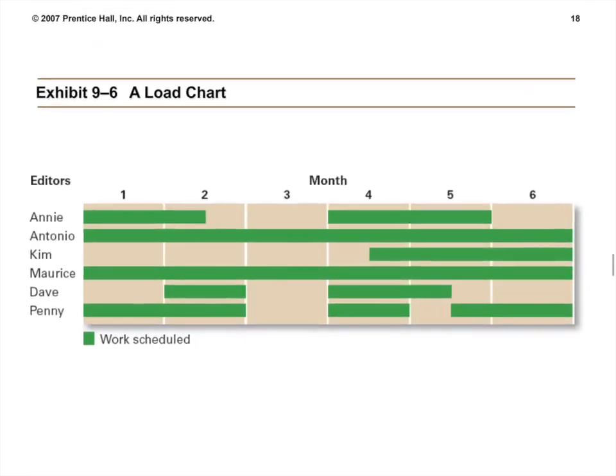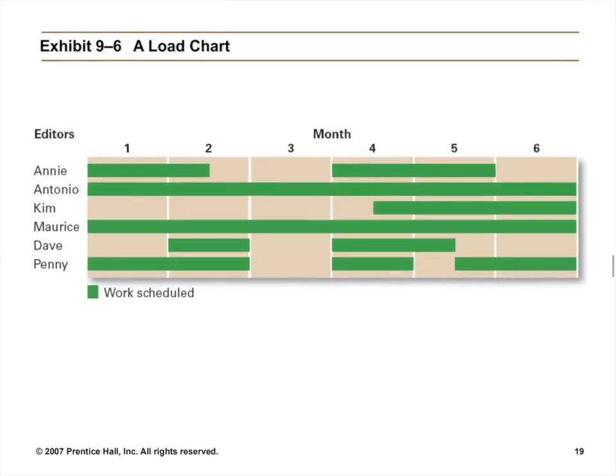And then we have the load chart. In the load chart, the horizontal is similar to the Gantt chart, that is the time. But in vertical is the specific resource. For example, here is the editor, a specific resource.